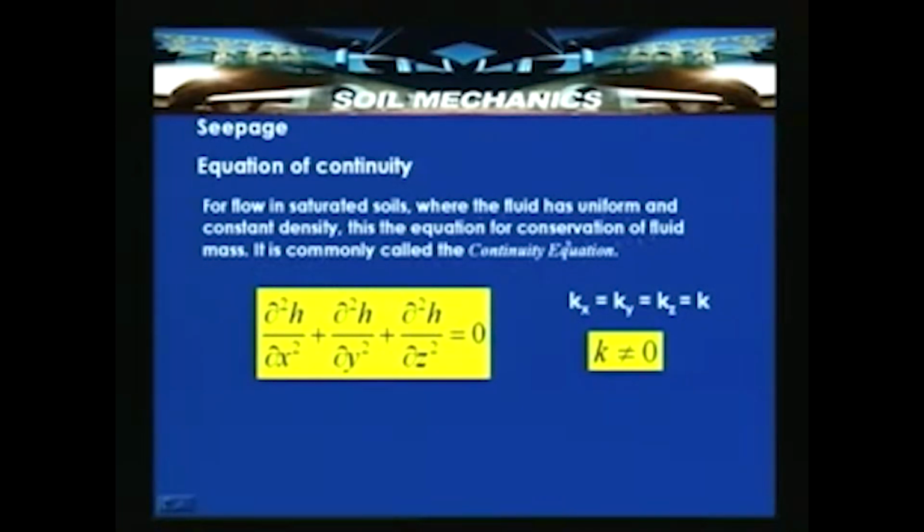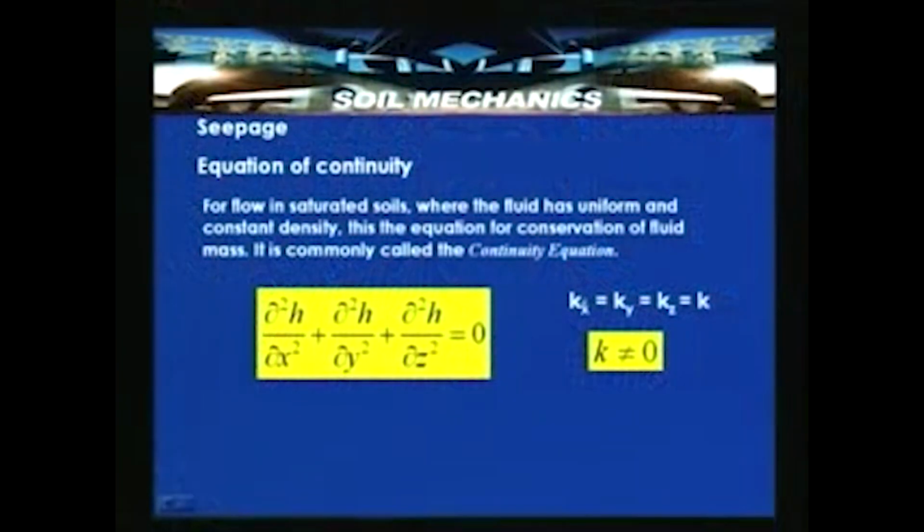It is commonly called the continuity equation, and this is for soils having identical permeability in all directions, that is Kx, Ky, Kz equal to K. So del square phi is equal to 0, which in terms of 3-dimensional flow we can write as dou square h by dou x square plus dou square h by dou y square plus dou square h by dou z square is equal to 0. This can also be indicated as del square h is equal to 0, the Laplace equation of continuity.